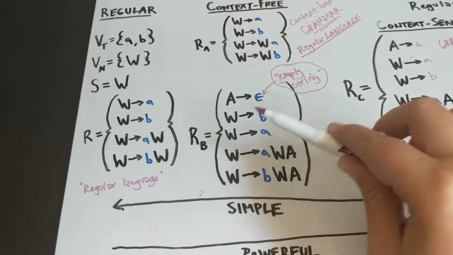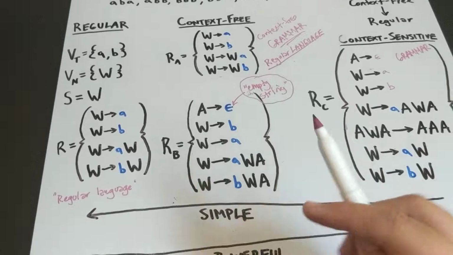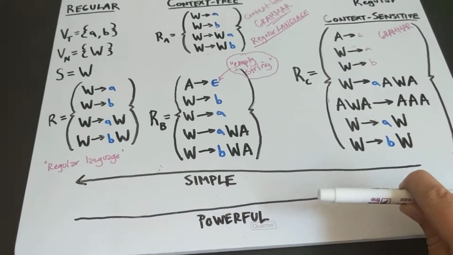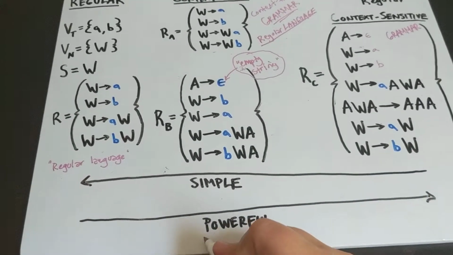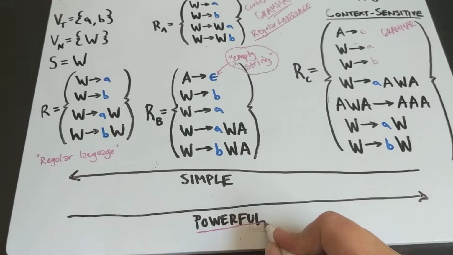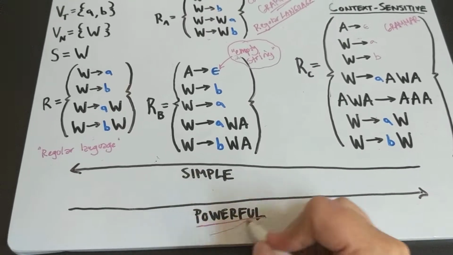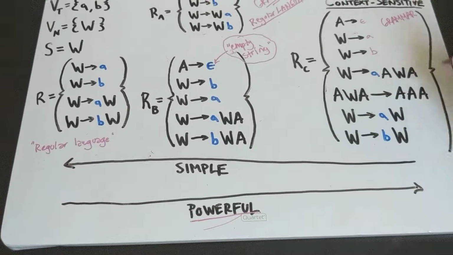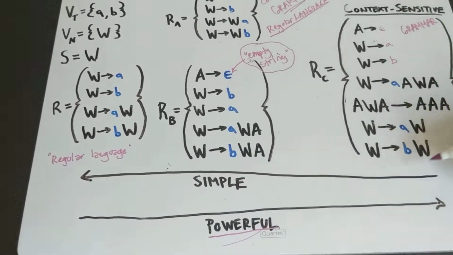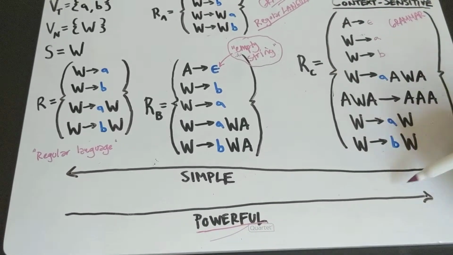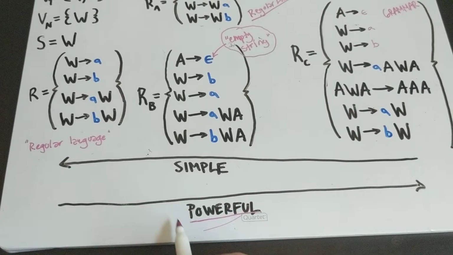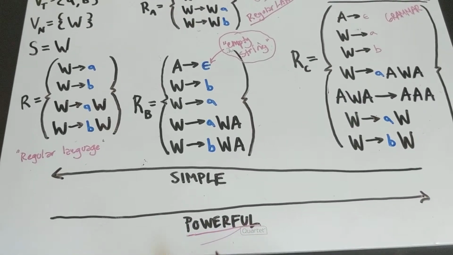As you get more complicated rules, you can start to make more wacky-looking languages. The more wacky-looking the languages that you can describe, the more powerful your grammar is. So you have more complicated rules, but you can make a more complicated language with that.